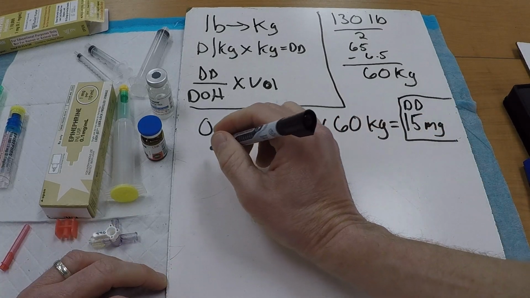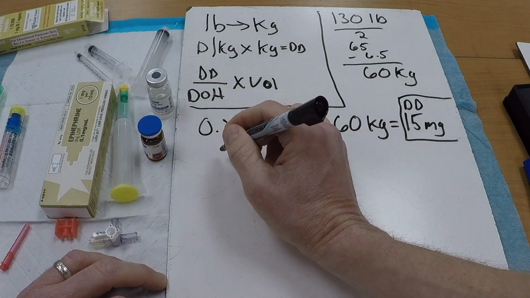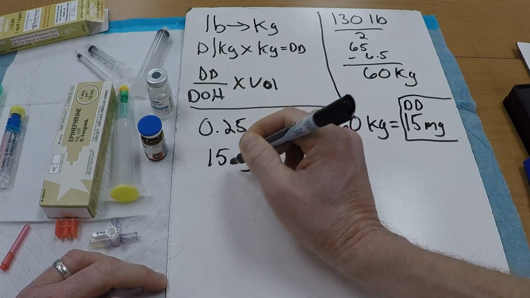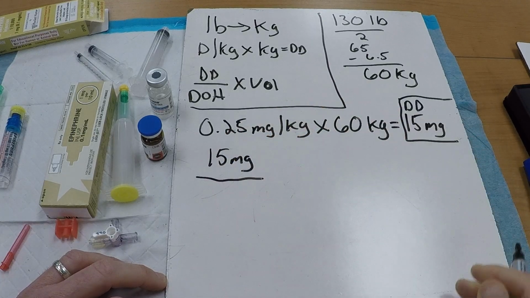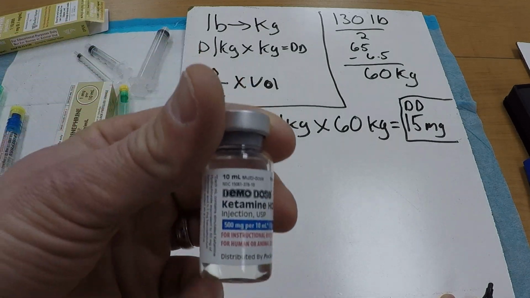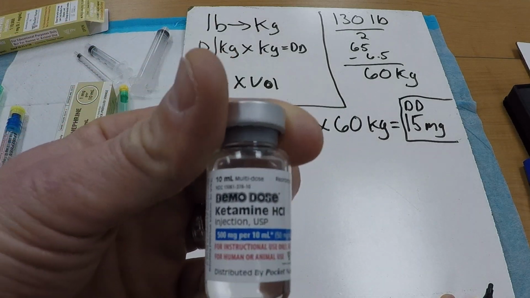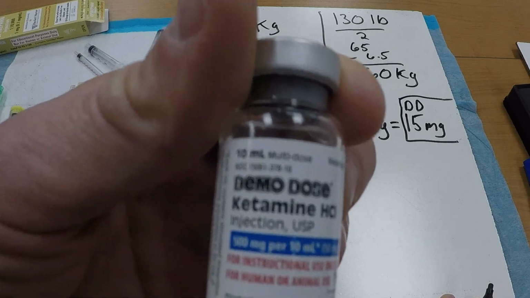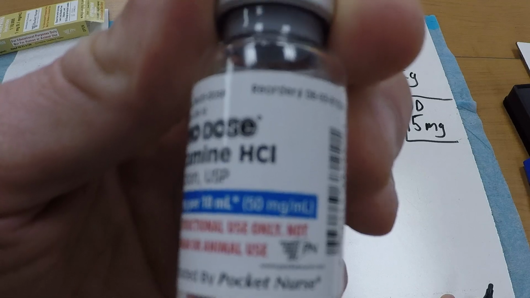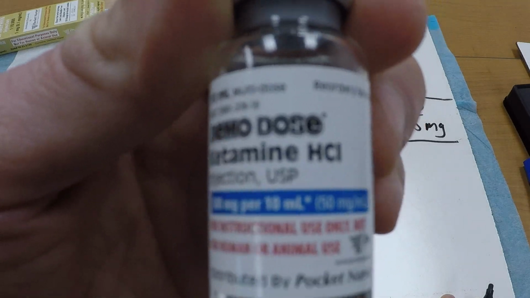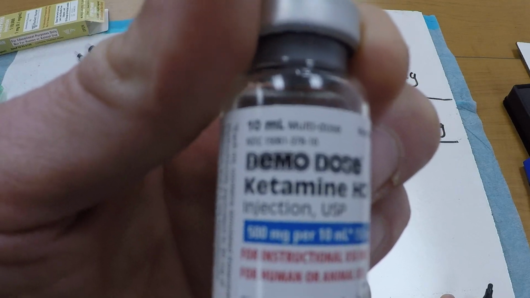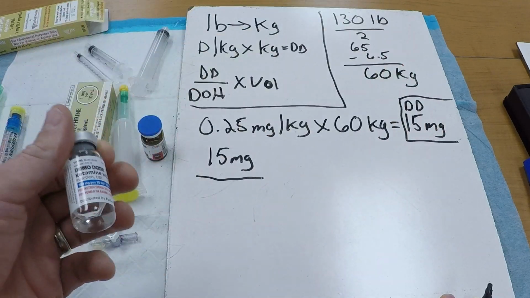Now we have our desired dose, 15 milligrams. Let's open our drug bag and see what the last shift stocked from which hospital. We have ketamine at 500 milligrams in 10 milliliters, so we're going to work with that concentration.